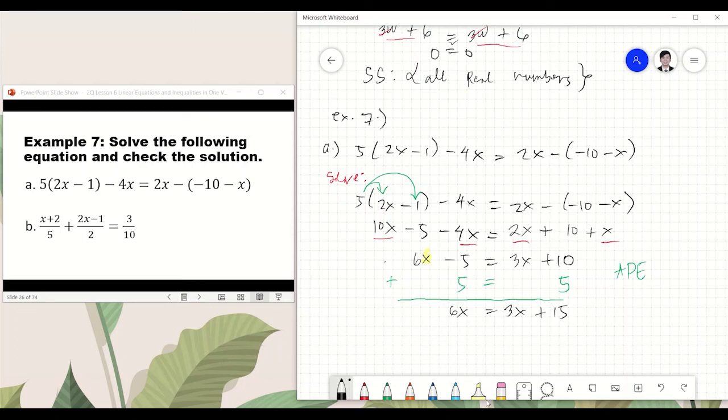Yung right side, meron tayong 3x dito. So ano yung gagawin natin para matanggal yung 3x sa right side at mapunta sa left side? So, gagamit pa rin tayo ng APE. Kasi yung entire term yung tatanggalin natin. Hindi siya coefficient lang. So, mag-a-add tayo ng opposite ng 3x, which is negative 3x. Whatever you do on the right, do on the left.